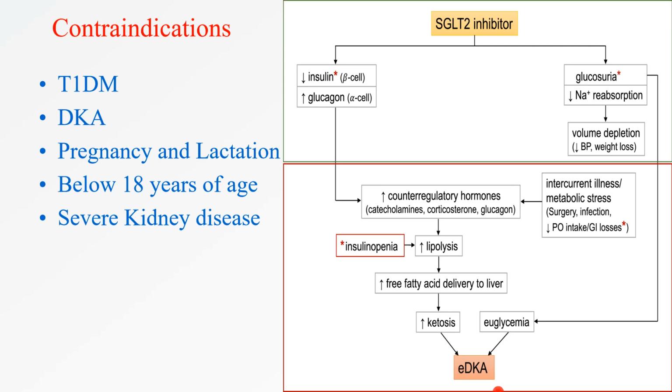They should be avoided in children less than 18 years of age, and in severe kidney disease if the eGFR is less than 30. The SGLT2 inhibitors cause euglycemic diabetic ketoacidosis.